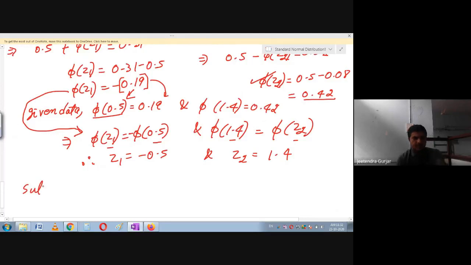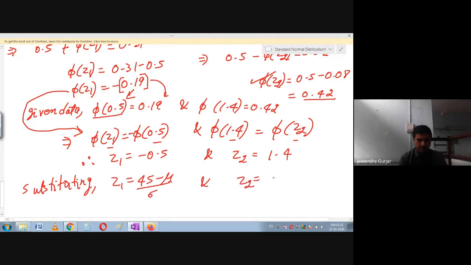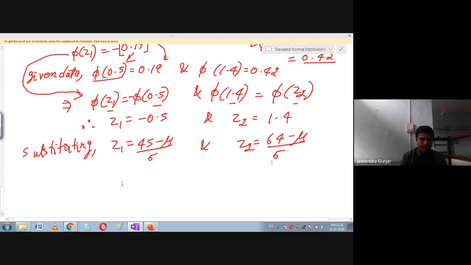I will write the value once again: z1 is equal to 45 minus mu divided by sigma, and z2 is equal to 64 minus mu divided by sigma. I wanted to calculate z1 and z2, I have already calculated them, so I will substitute now.